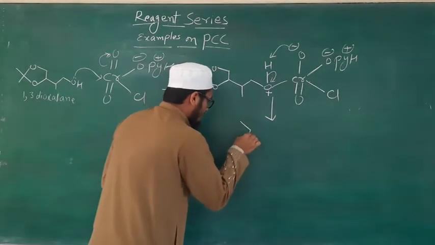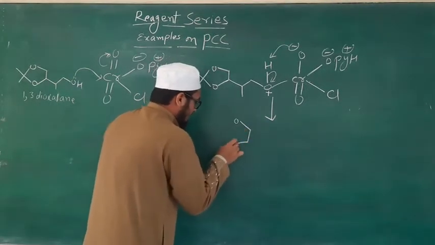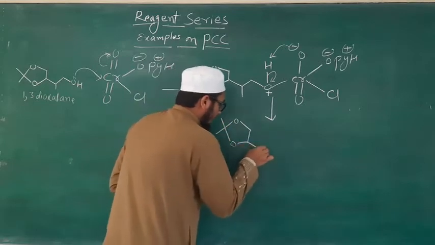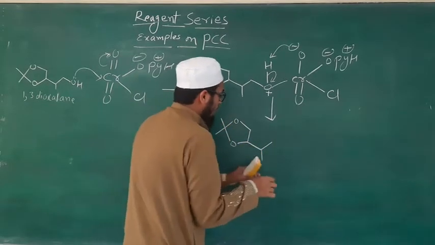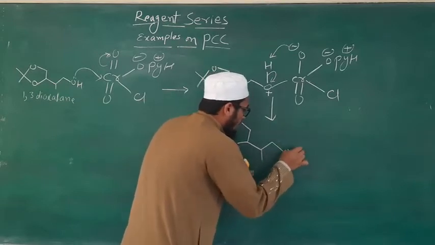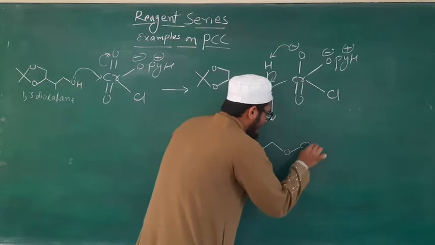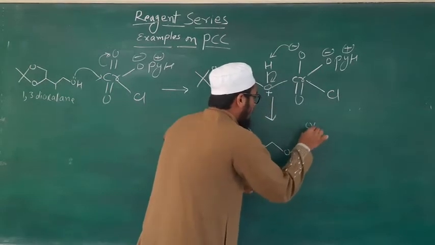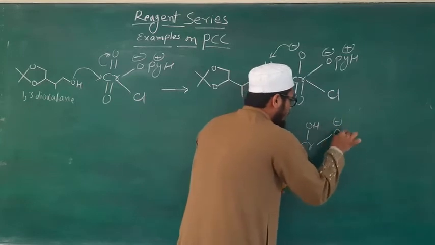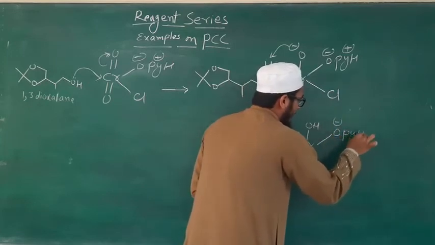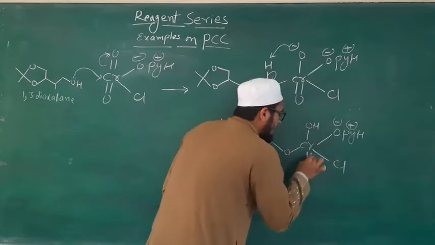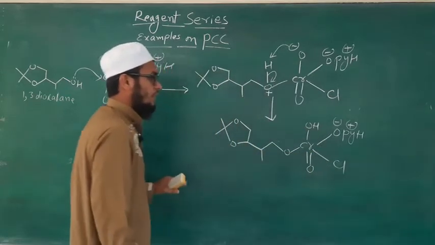This is the structure of 1,3-dioxolane, and this is our methyl group here. We have here O, this O which is attached with the chromium. We have OH here, newly formed, and O negative, PyH as it is, chlorine as it is, double bond O as it is.